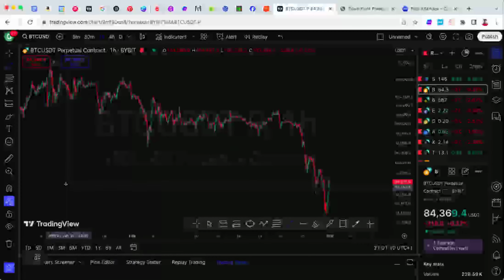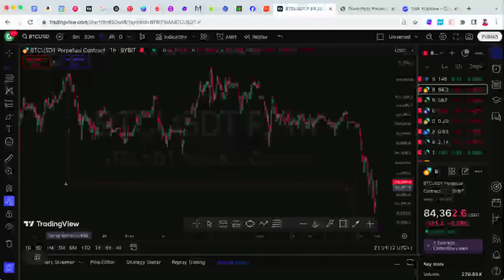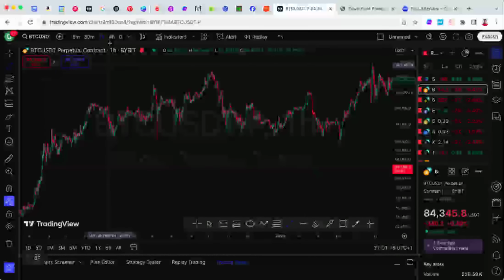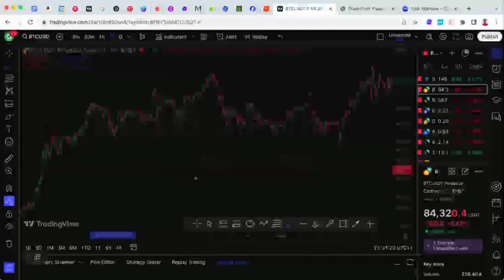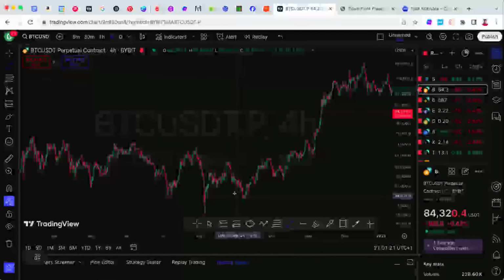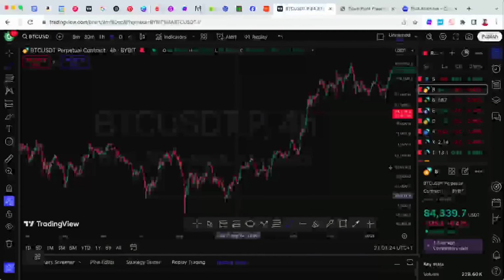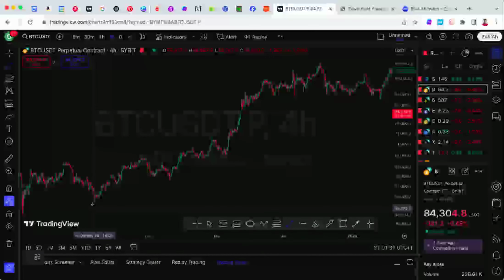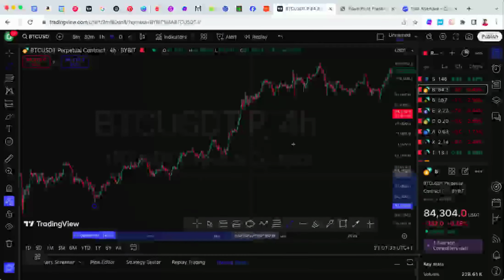You pick your trend line, and then you come here. Let's see the 4 hour, if we can see where to draw a trend line. Okay, yeah. From here, if I was to draw my trend line, I draw it from here and stand it up.